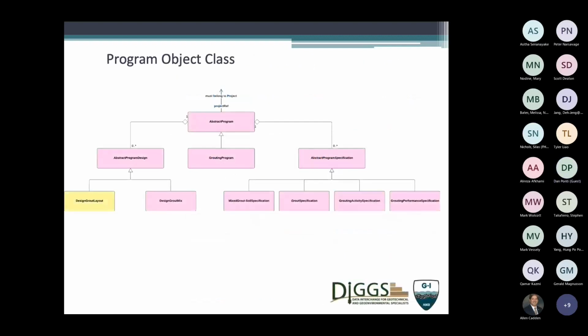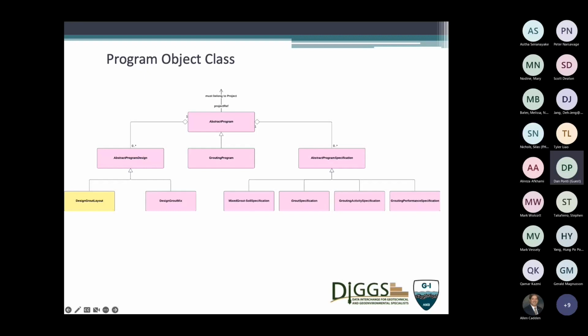The program object class is the part that has all the stuff about the planning information. We've developed a number of objects to handle grouting specifications, both mixed grout soil and the grout itself.